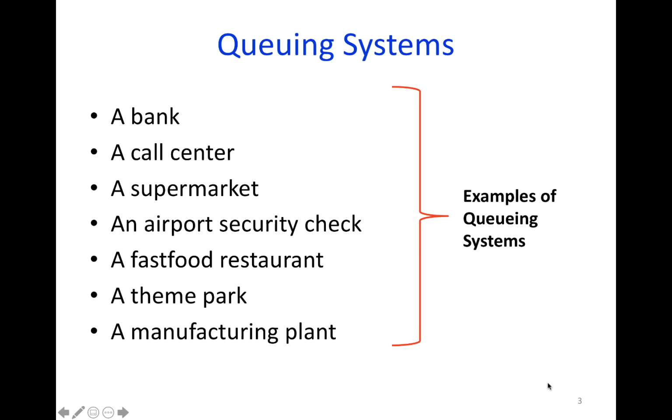And the answer to the question of what is the right number of customers to have in the system, what is the right number of agents or machines to have in the system, is not something trivial that we can answer. These questions can be answered in a concept that we call queuing theory.